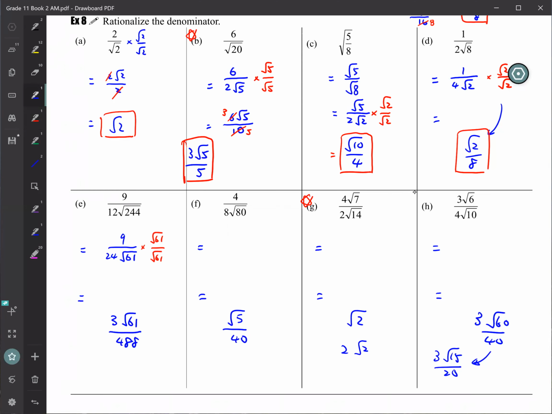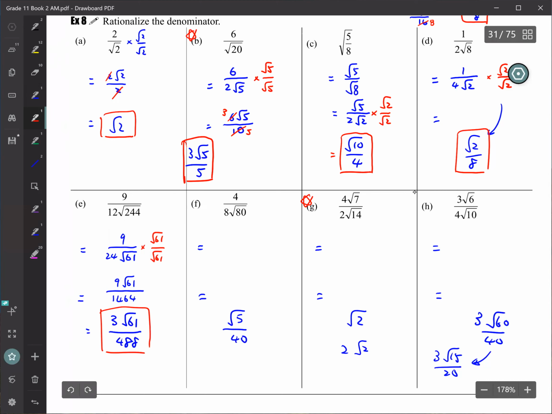So the top will be 9 root 61 over 61 times 24. What would that be? 61 times 24 is 1464. So I think this one can reduce into 488 then. Yeah, okay, so that's correct.